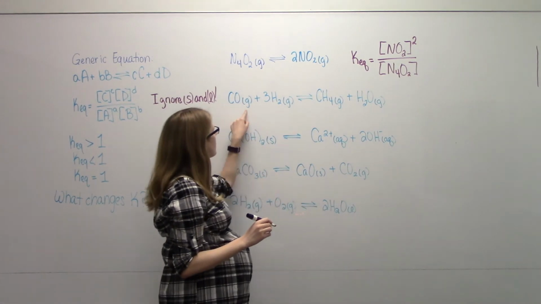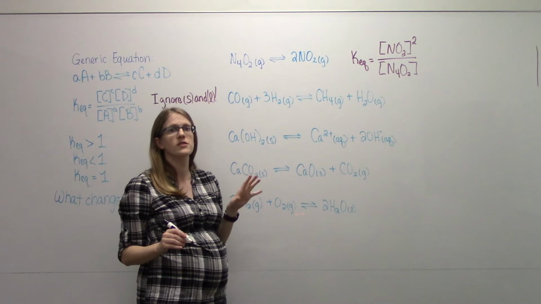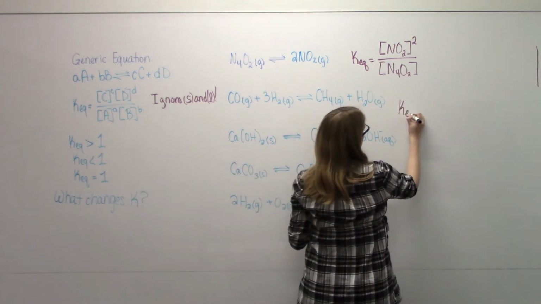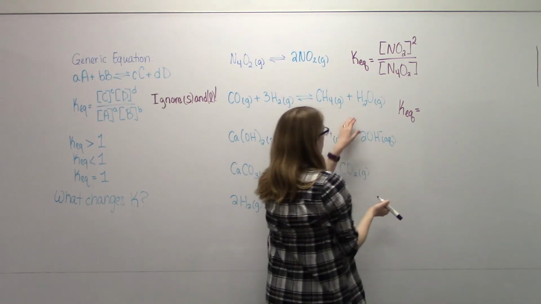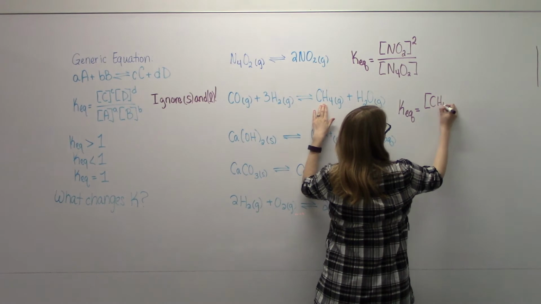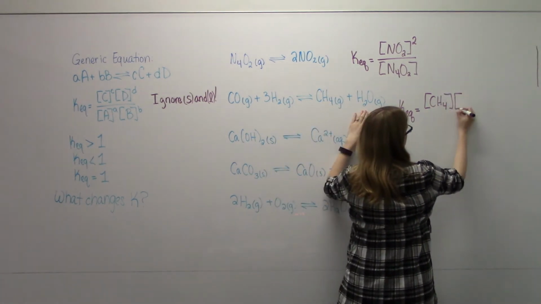Now look at this one. Gas, gas, gas, gas. All four of those should be included in our KEQ. So our equilibrium expression equals concentration of our products times the concentration of our other product.